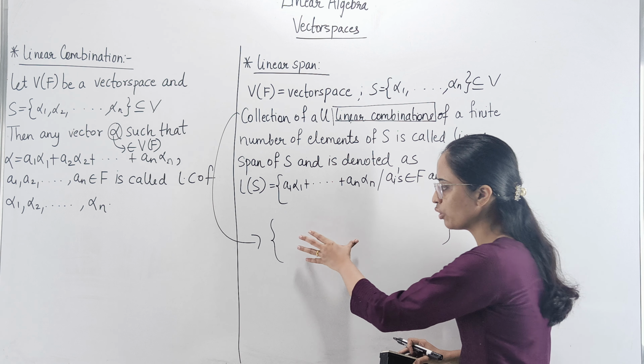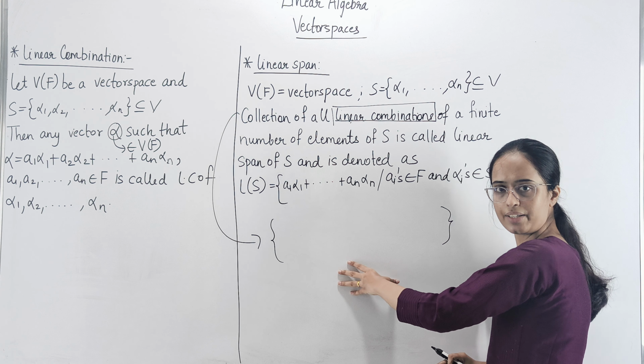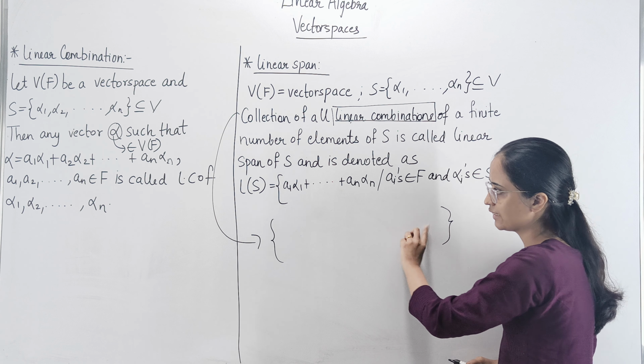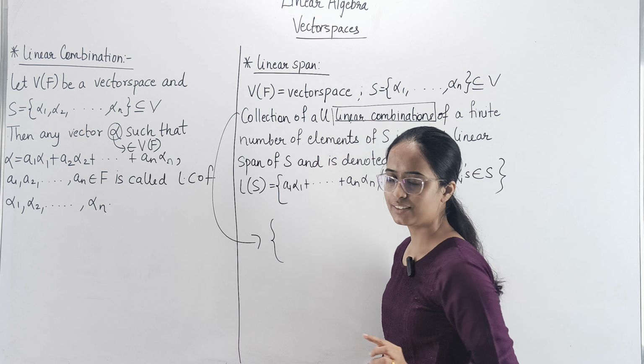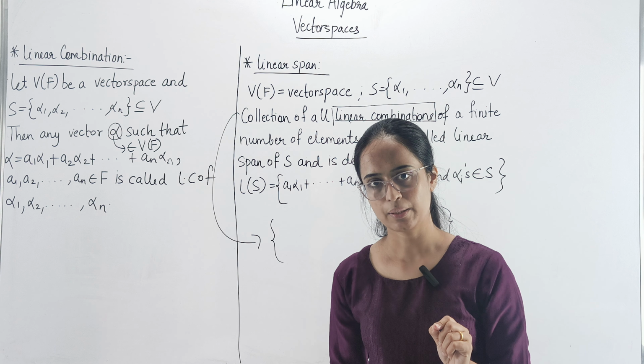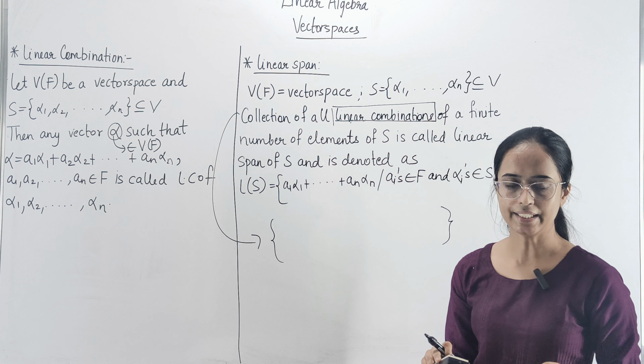Then we take those three linear combinations in a set, and the resultant set of those 3 linear combinations is nothing but the set L of S, which we read as the linear span of S. Understood? So this is the linear span of the set S.